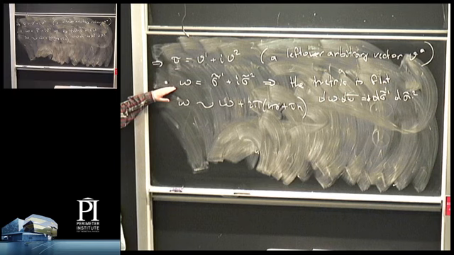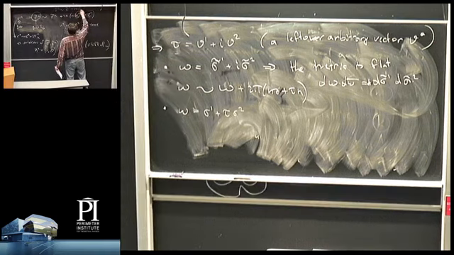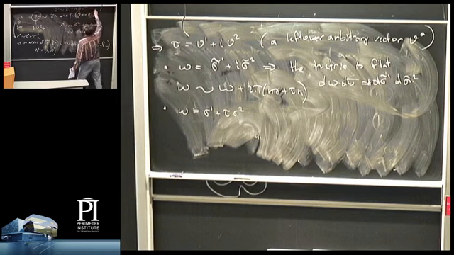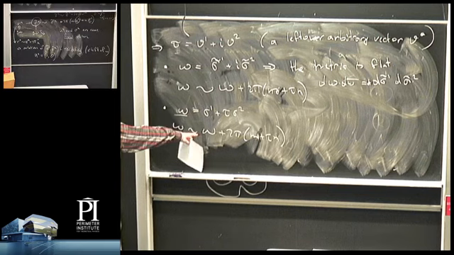Sigma 2 plus 2 pi m d2 and sigma tilde 1 plus 2 pi m plus m d1. Okay, so that's one way I can do it.